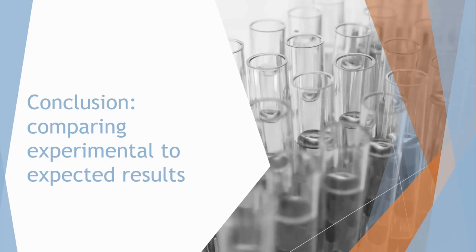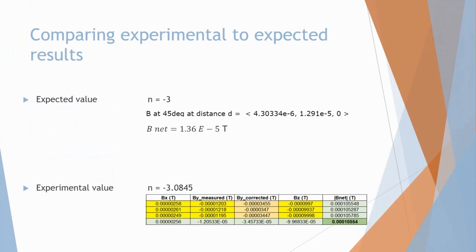To conclude, the experimenter needed to compare the experimental and expected results. For the expected results, we expected n to be negative 3 from the Biot-Savart law, and that the magnetic field at 45 degrees should have been 4.3 times 10 to the negative 6 Tesla, 1.291 times 10 to the negative 5 Tesla in the x and y components, and that B net should be 1.36 times 10 to the negative 5 Tesla.